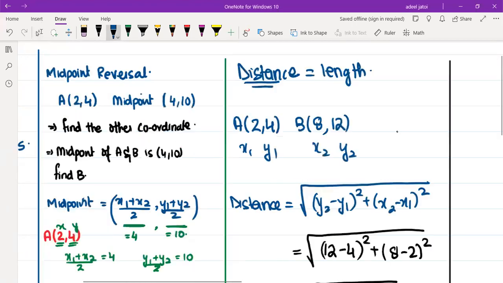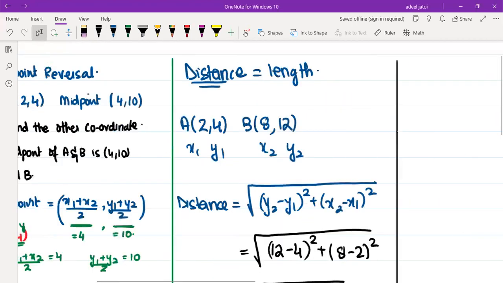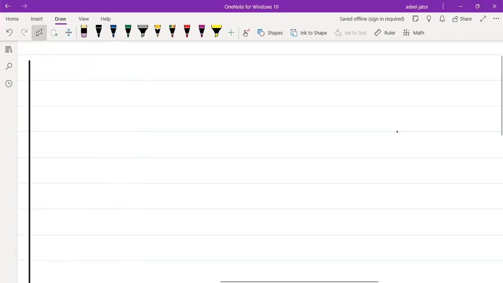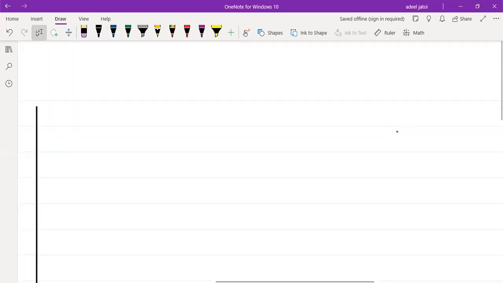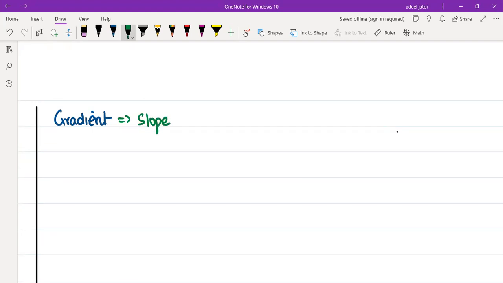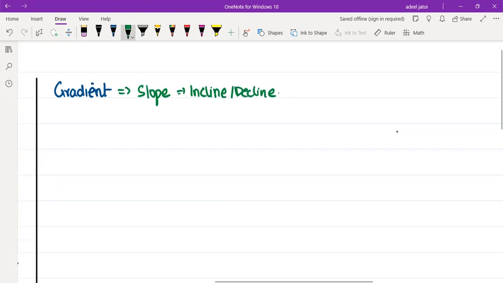Since we already did midpoint reversal and distance, now we'll be working on gradient. What is gradient? Gradient actually tells me slope, or it tells me incline or decline of line. But basically, what does gradient tell me?